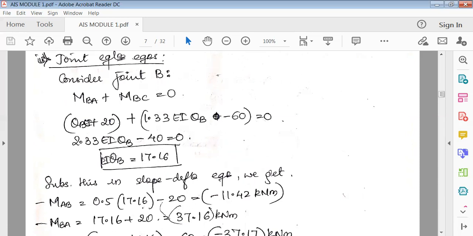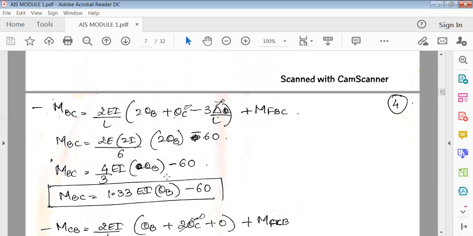17.16. Now we don't know the EI value, right? So keep it in terms of EI theta B. Wherever there is EI theta B, in that place I'm going to substitute this answer. So EI theta B is 17.16. Now this value will be substituted in all the equations which we have already written.